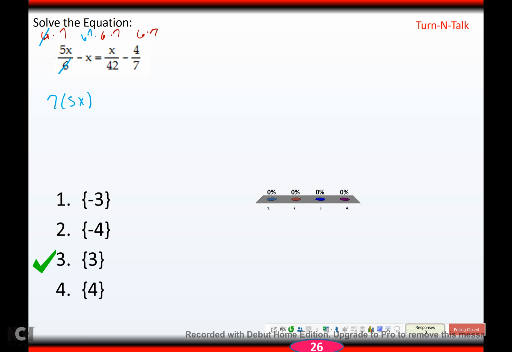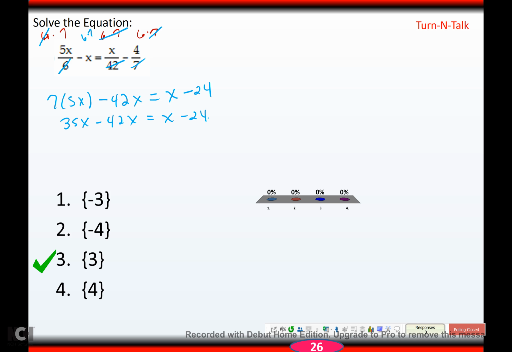Oops, I do the middle too. Nothing cancels in the middle, so that's going to be negative 42x. Here, 6 times 7 is 42, which cancels 42, which leaves me x. And here, the 7's cancel, which would leave me negative 24. So this would be 35x minus 42x equals x minus 24.